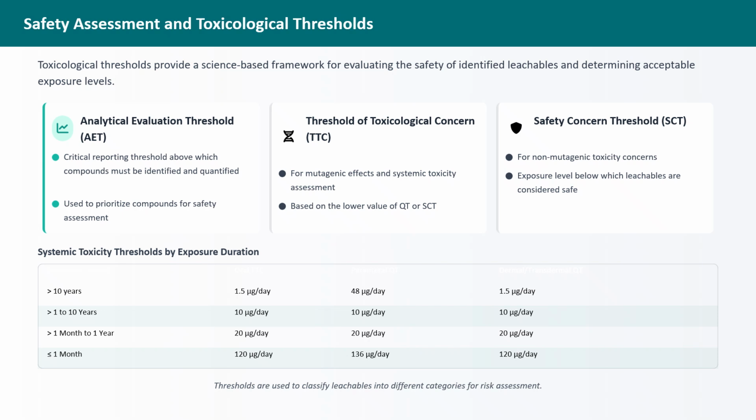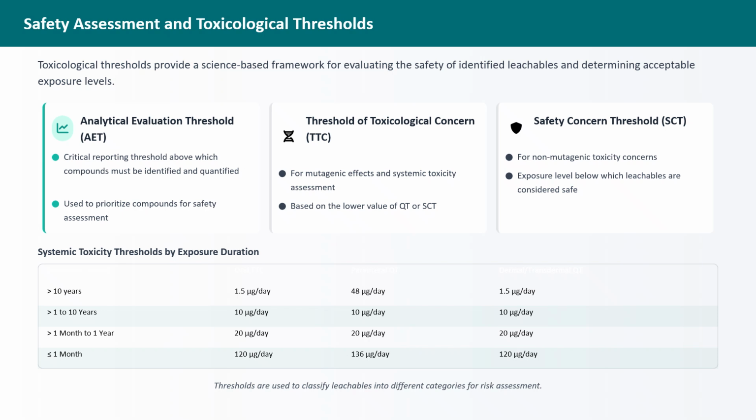Analytical detection alone is not enough. Identified leachables must be evaluated using toxicological thresholds. The analytical evaluation threshold determines reporting. The threshold of toxicological concern, or TTC, addresses systemic and mutagenic risks.